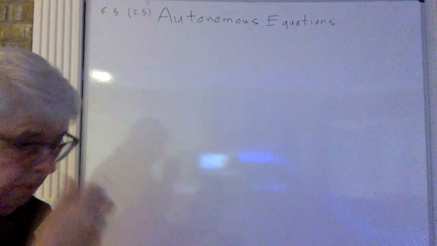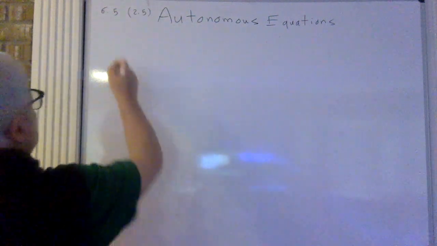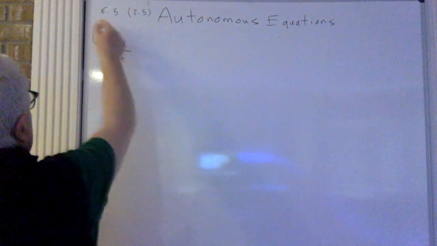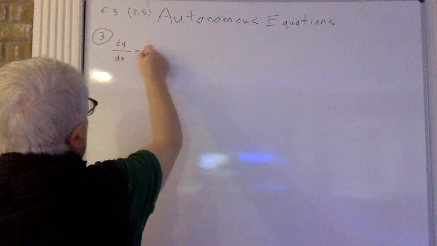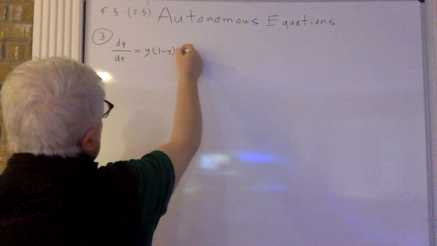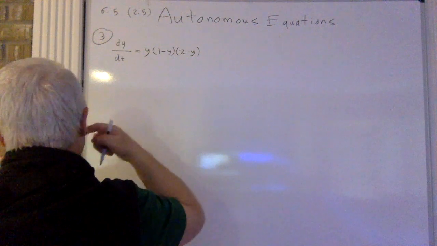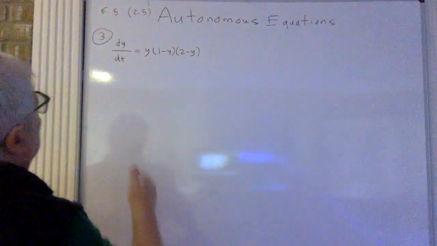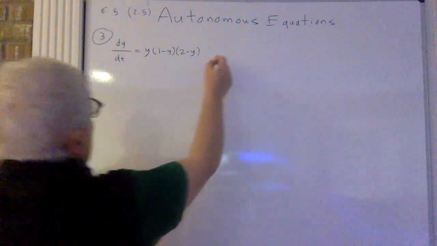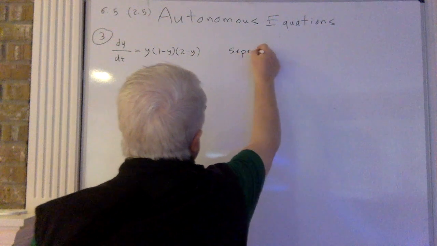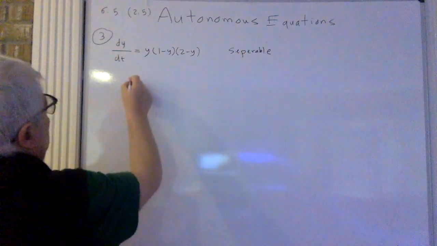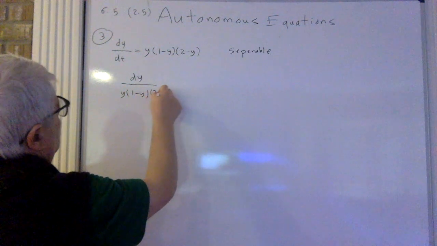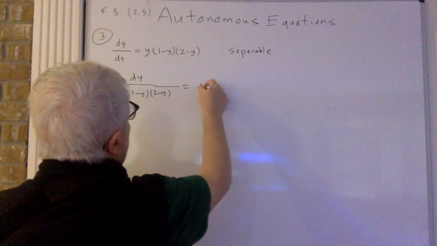So let's say dy dt is y times 1 minus y times 2 minus y, something like that. So we do the same thing. We say, okay, then it is separable, and I have dy over y times 1 minus y times 2 minus y is dt.